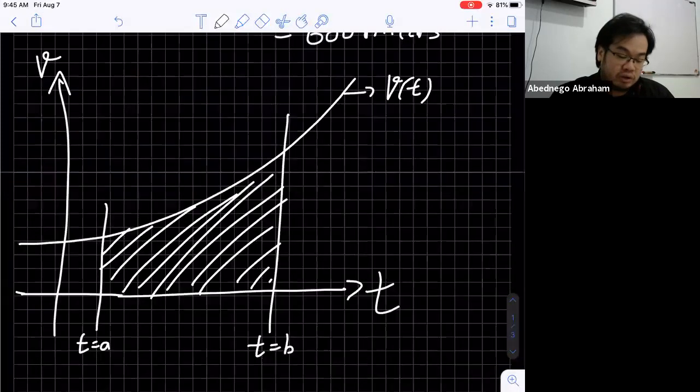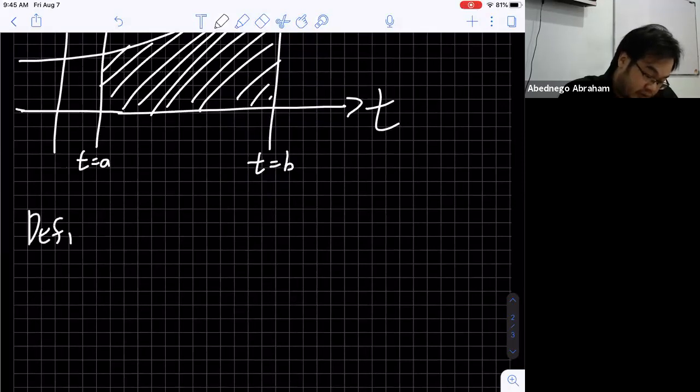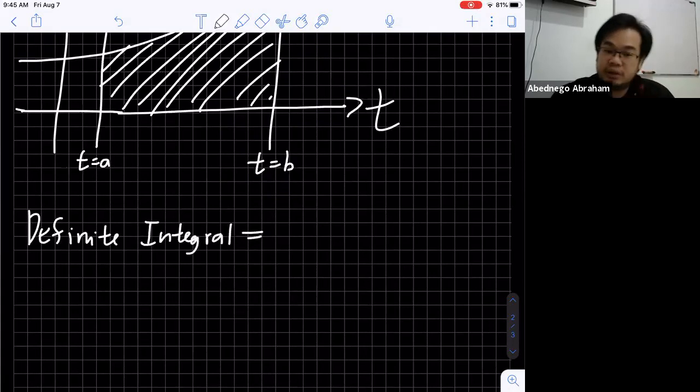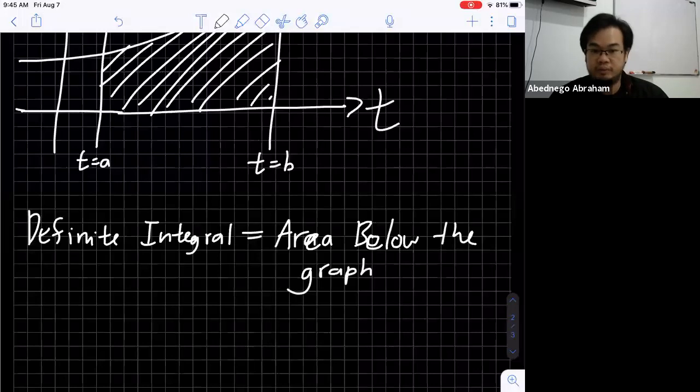Okay, so the definition of definite integral is simply the area below the graph.